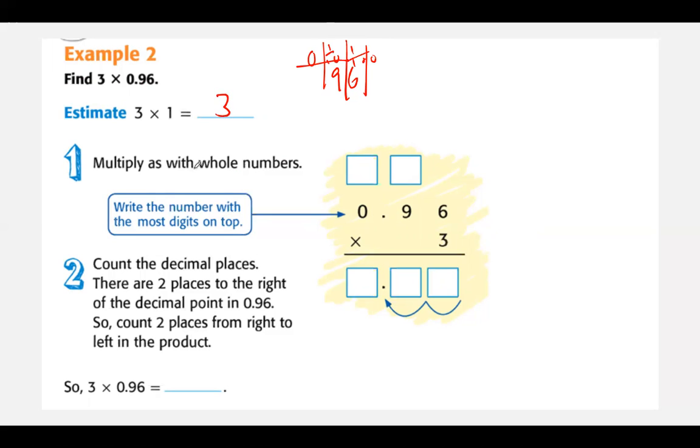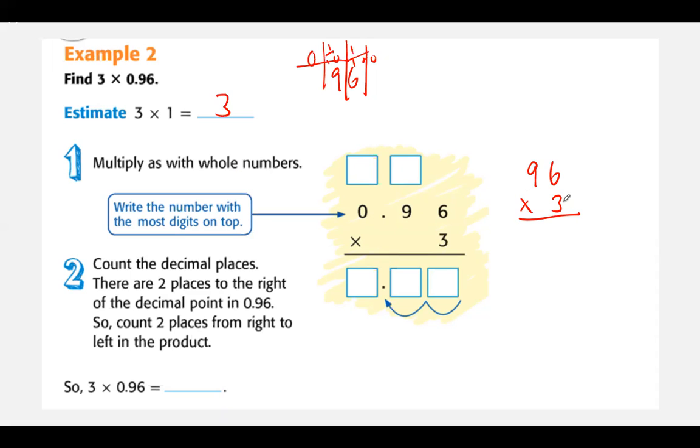So we're going to multiply as with whole numbers. You can rewrite it. Do you need the decimal point there? You can write it as 96 times 3. And then you can put your decimal point in at the end, or you can do it like this.